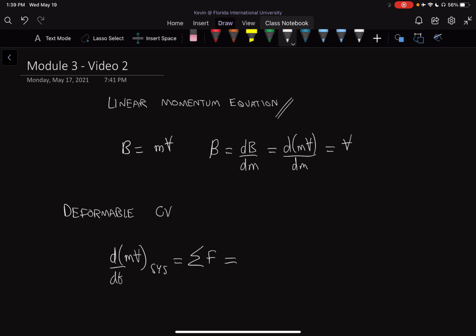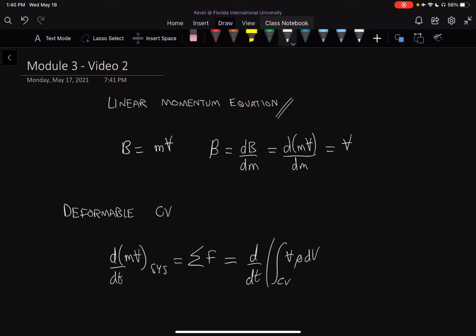The most general form of the equation would be d/dt times the integral over the control volume of v rho dV. Make sure you make the distinction between volume and velocity.